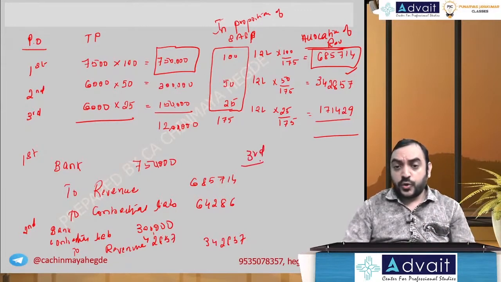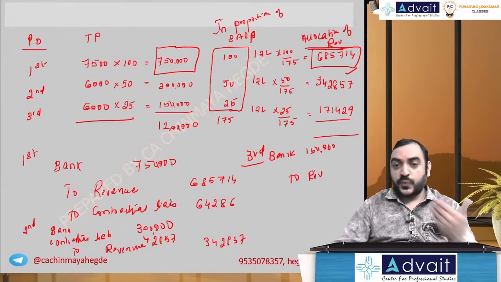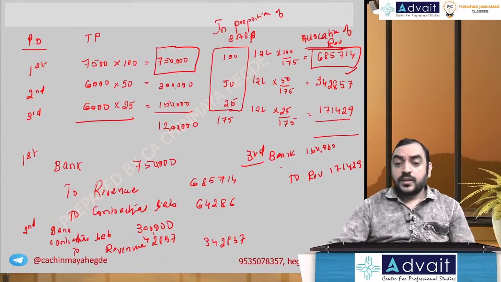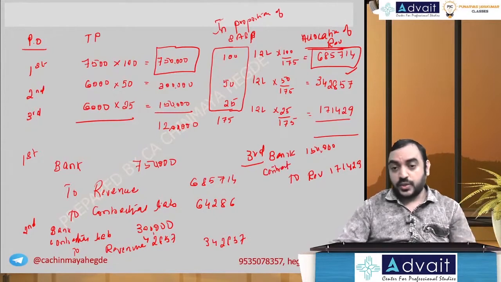Third year, what are you going to do? Bank account, you debit 1,50,000. That's what you receive. Credit revenue from contract with customers, this allocated amount, 1,71,429. And then the balancing figure you adjust against the advance already received, contractual liability, difference amount 21,429.